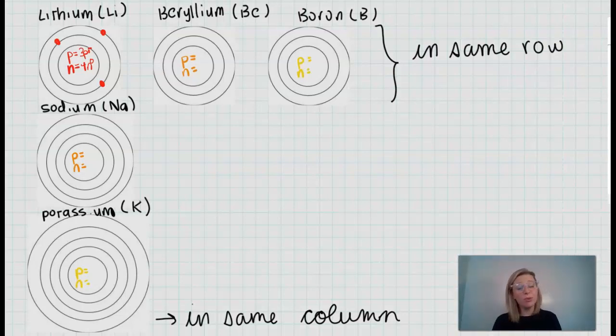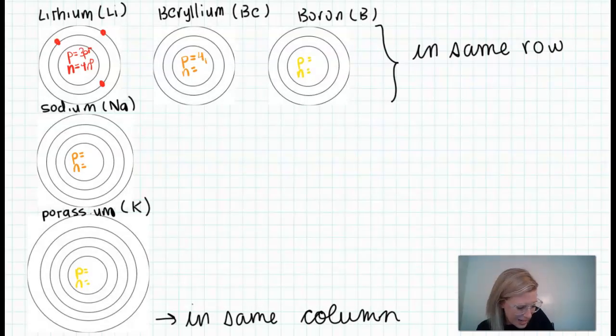Let's go ahead and take a look at beryllium. Beryllium has a total of 4 protons. It is element number 4, and its mass number is 9, so it has 5 neutrons. That means if it has 4 protons, it has to have 4 electrons, 2 in our first energy level, and 2 in our second energy level.